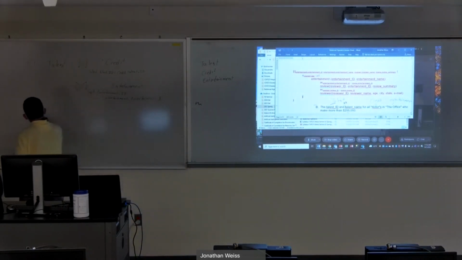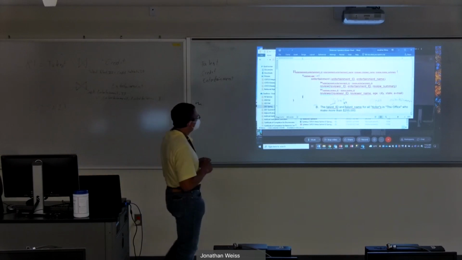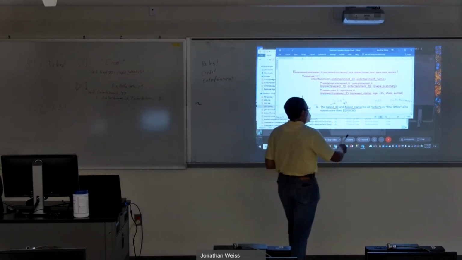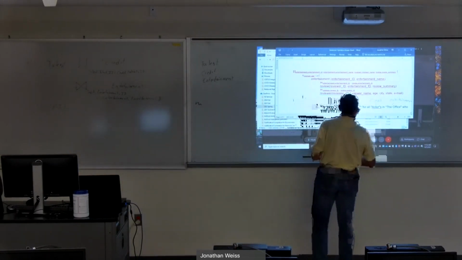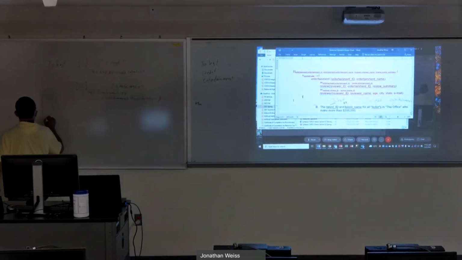Yep. And then, well, what fields need to be equal to those values? Credit needs to be actor. Credit equals actor. We'll just say credit equals actor because that's the unique name.